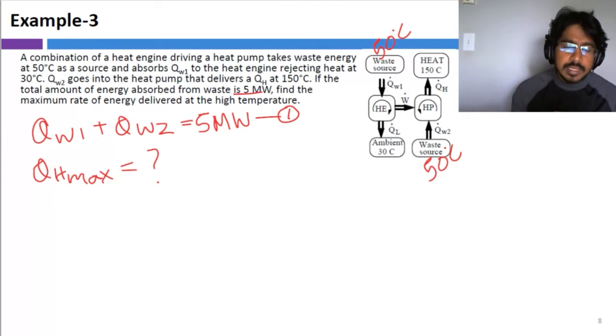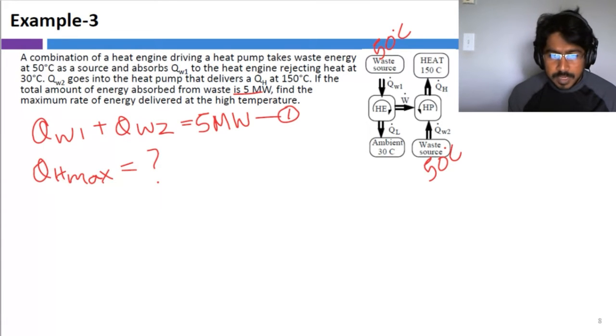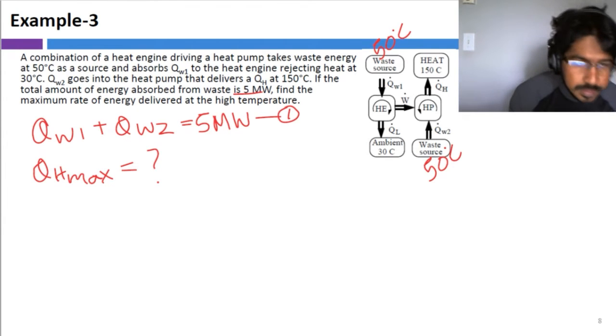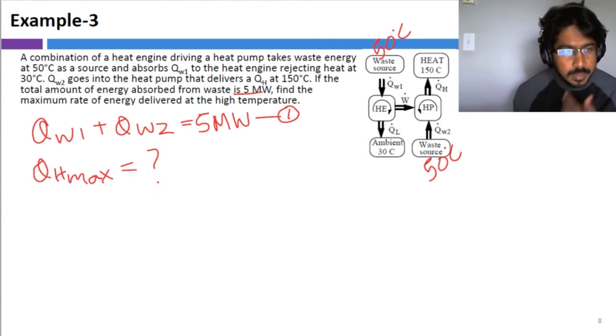So in this case, it is clear that both devices have to follow Carnot cycles, a Carnot heat engine and a Carnot heat pump. Are we all clear about that? Perfect.